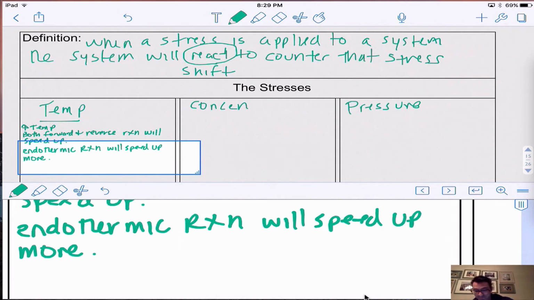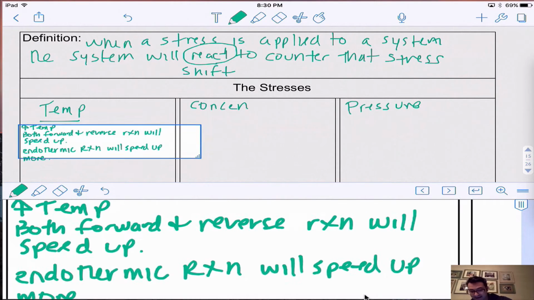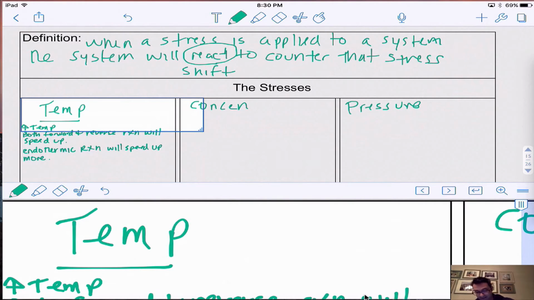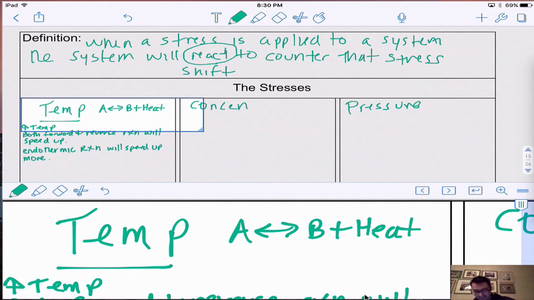So for example, if I were to put a reaction up top here, something like A goes to B plus heat, and I stress the system by increasing the temperature, I'm essentially adding heat to the system. So the stress is to add heat to the system. How does the system react? Well, it favors the endothermic reaction. So in this case, it's going to favor the reverse reaction.